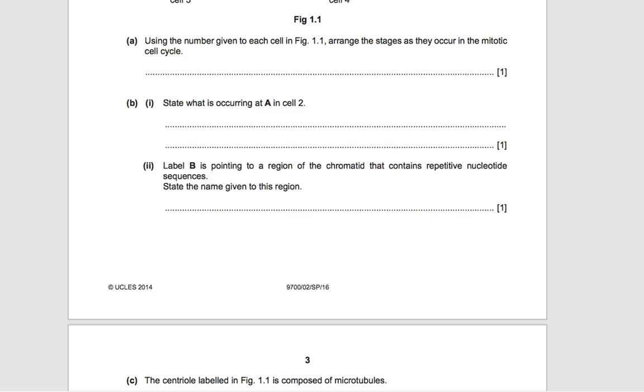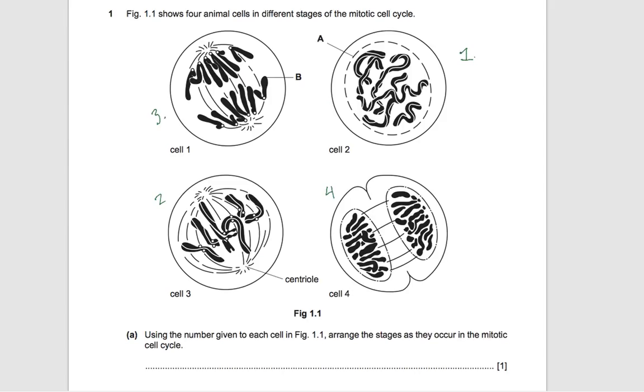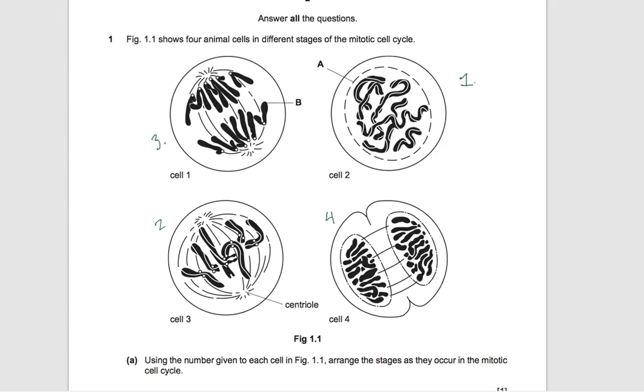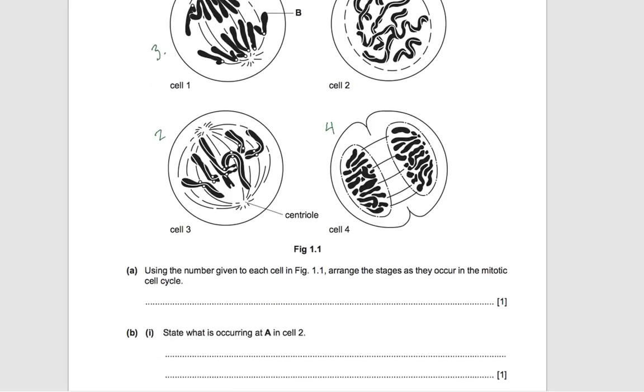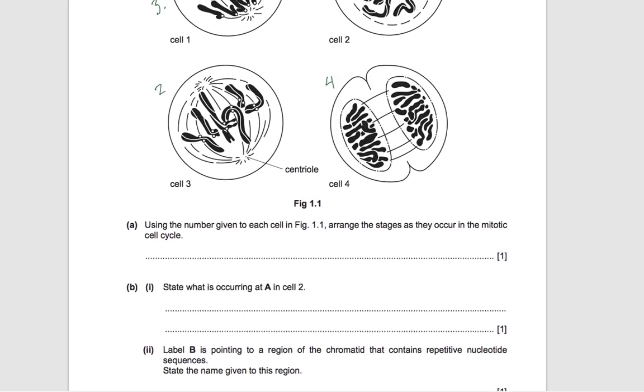State what's occurring at A in cell 2. So this one is, as I've mentioned a minute ago, the nuclear envelope breaking down or disassembling so that the chromosomes can be separated. Okay, and then label B is pointing to a region of the chromatid that contains repetitive nucleotide sequences.